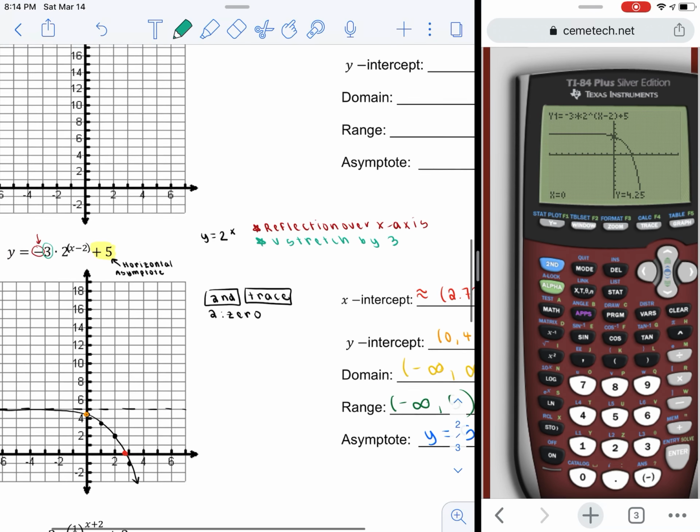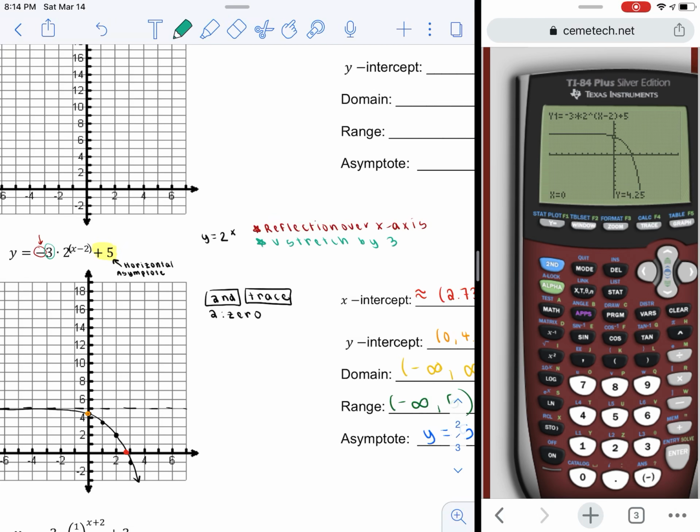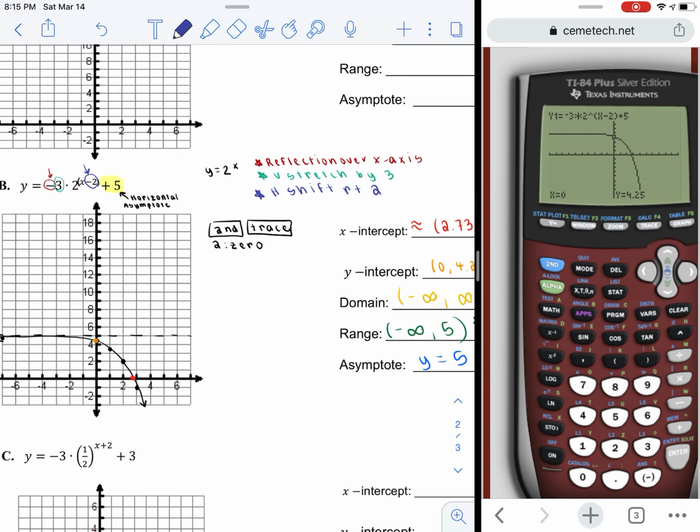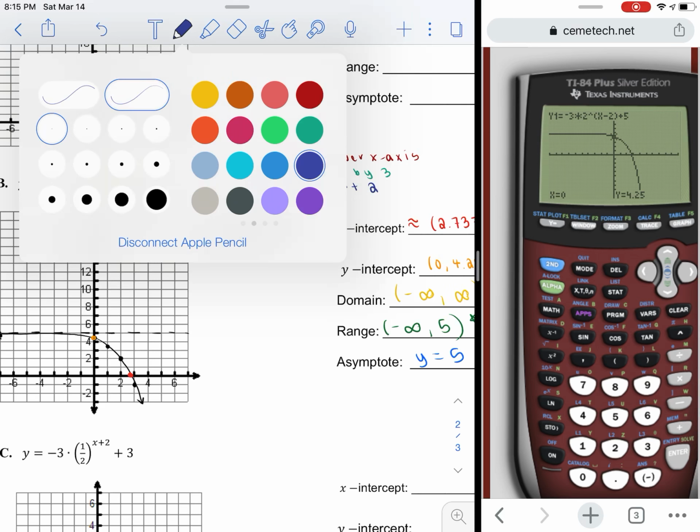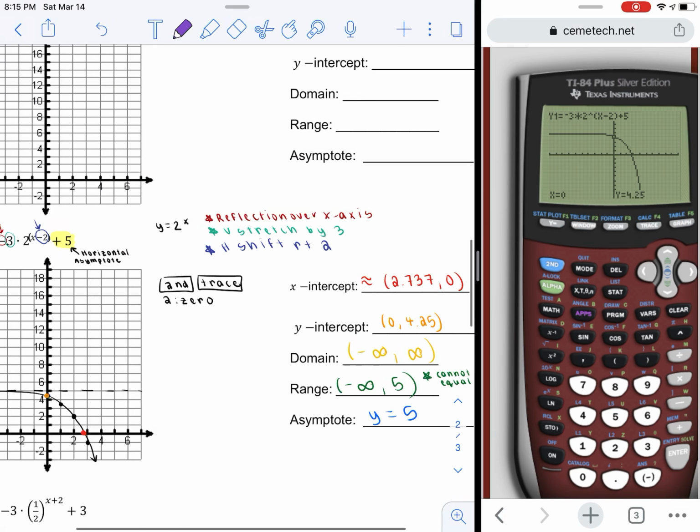The stretch is kind of hard to see with this graph, but what's not hard to see is the fact that this graph has also, if you look in the parentheses here, been shifted horizontally, not to the left, but to the right 2 units. Notice that the -2 is actually shifting it to the right 2 units. And then finally, that number on the outside is providing that vertical shift up 5.